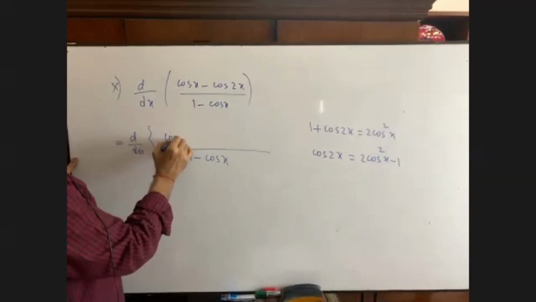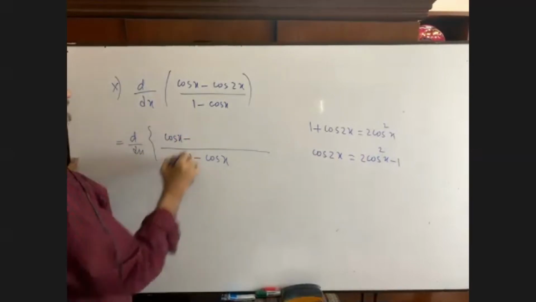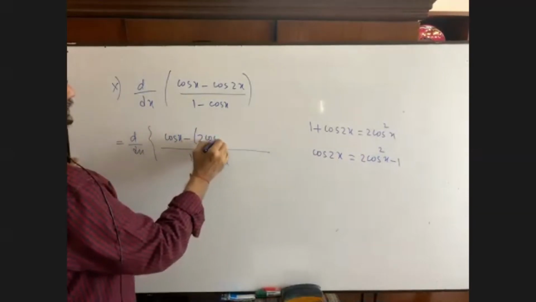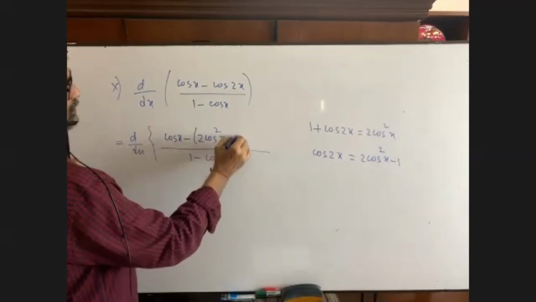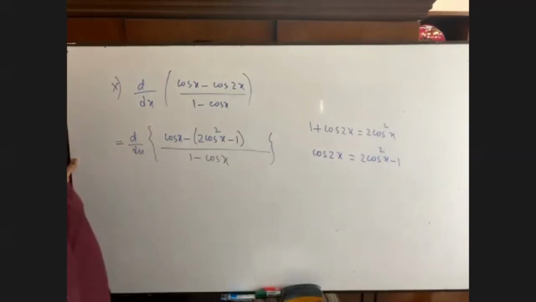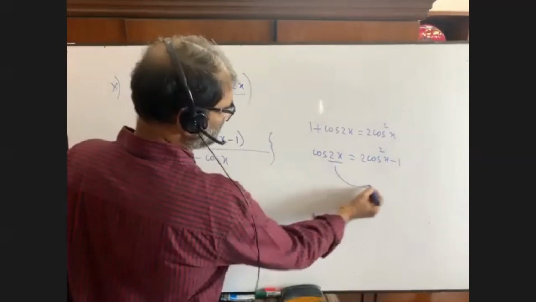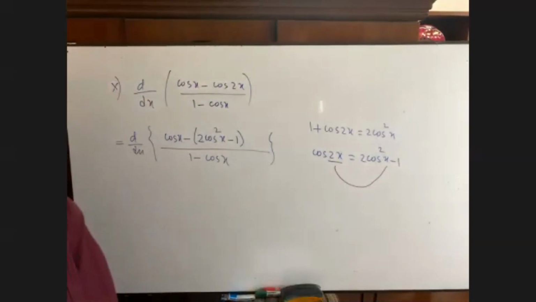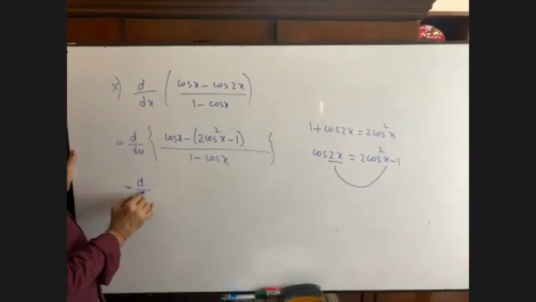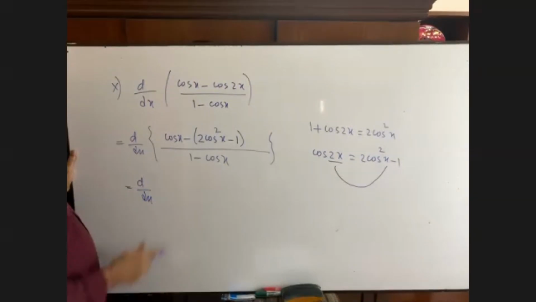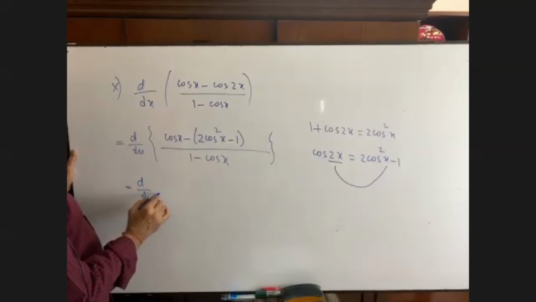So we can write here cosine x minus 2 cos square x minus 1. Can you please talk to me? It is 2x, its half is x. Sorry sir. Nothing about being sorry. You can ask me. Okay, now we are getting here. Tell me.